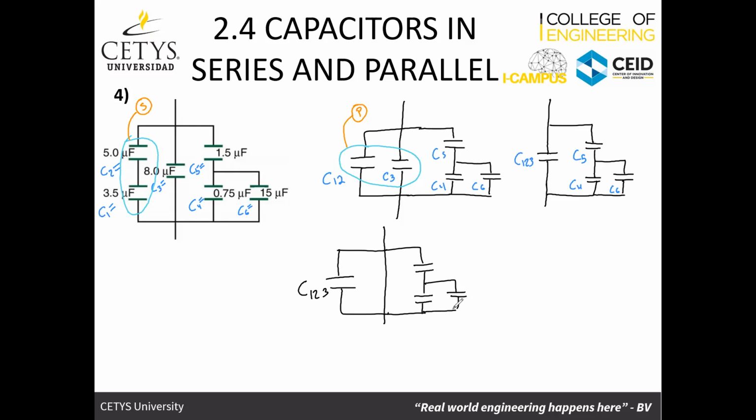This element and this element, how are they connected? In parallel. And this element is nothing, right? So if I put these together and this is in parallel, I'm creating a connection where I'm literally eliminating this here.